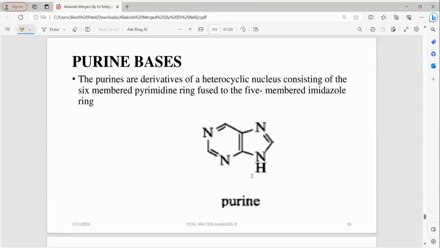Now let's go to the purine bases. To take you back to what Stanley discussed yesterday, there are three classifications of alkaloids: the true alkaloids, the proto-alkaloids, and the pseudo-alkaloids.